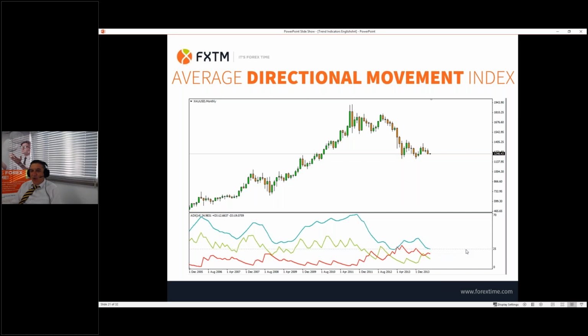So if you take a closer look at this blue line, you will notice that it is not above 25. It's slightly below 25.